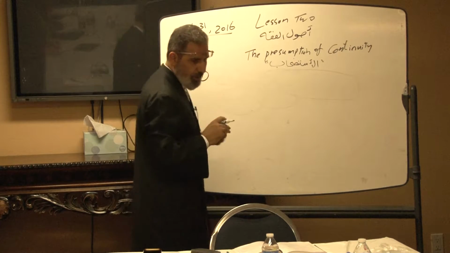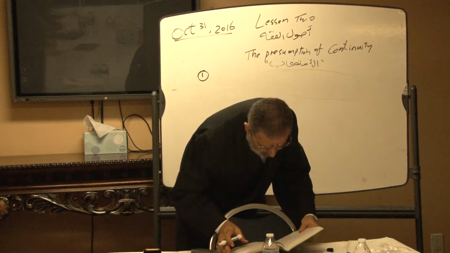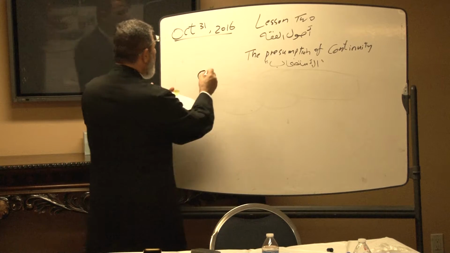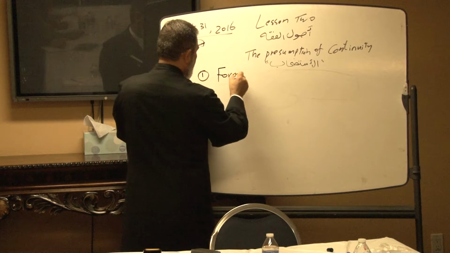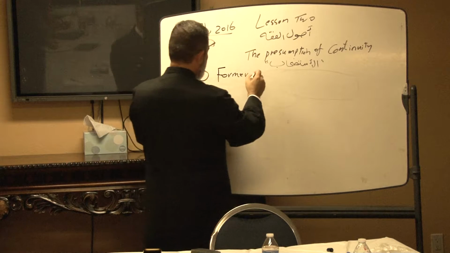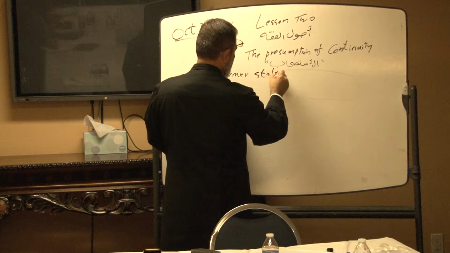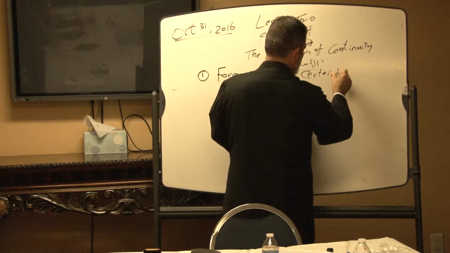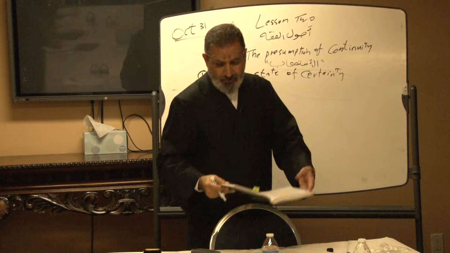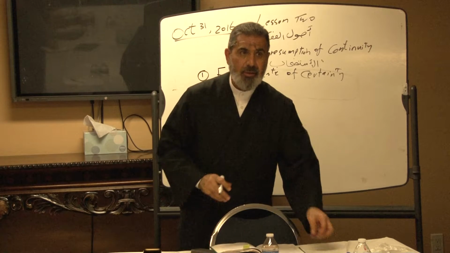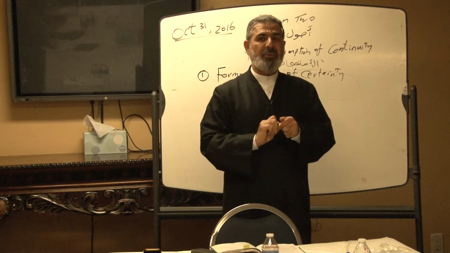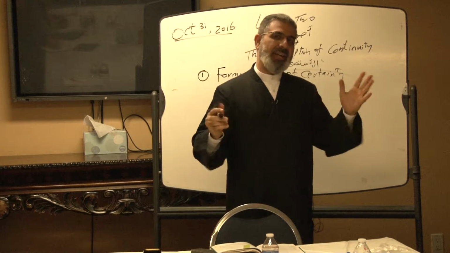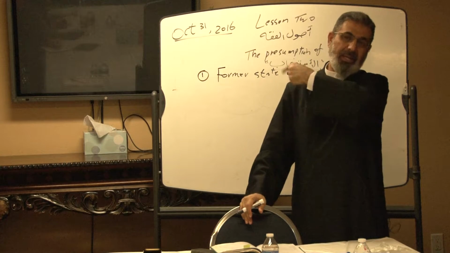Part number one is that you have to have a former or a previous state of certainty. If your previous state or former state was not certain, then you can't say. Let me give you the example again of wudu.